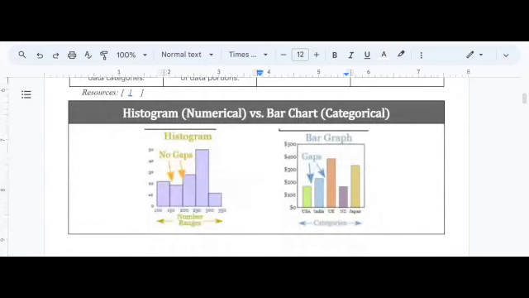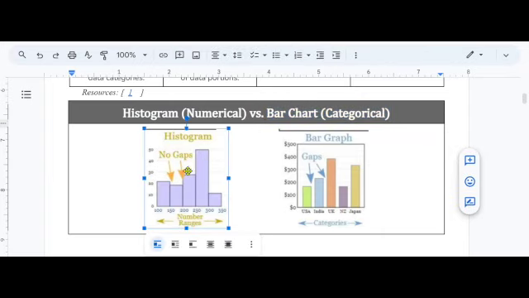Sometimes I ask myself, what would be the difference between histogram, which is numerical, and bar chart, categorical? In the numerical, there are no gaps, and the x-axis is numbers, in ranges.